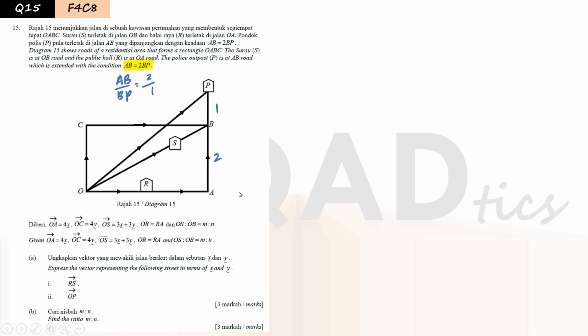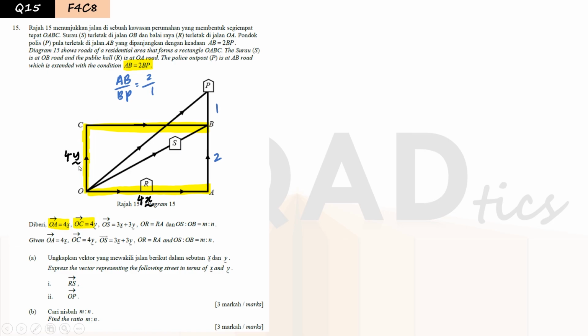Alright, so now let's go through the information here. The first vector that we have is OA, which is 4x. As you can see in this sentence, rectangle OABC, it means that if OA is 4x, the line CB is also 4x, because it's a rectangle, meaning CB and OA are parallel. Same goes for the other vector.